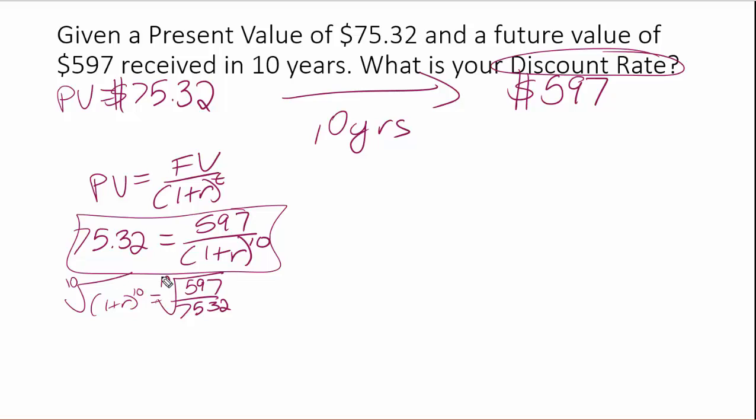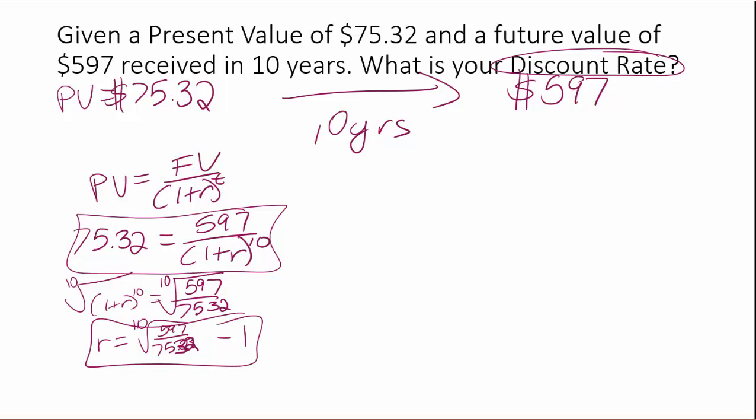So if you're doing this in your calculator, it's this amount here, the 597 divided by 75.32 raised to the 0.1 power, okay? And so then, just doing a little bit more algebra here, it's saying that r itself is equal to 597 divided by 75.32 raised to the 0.1 power, minus 1, okay? And this is going to tell us r.